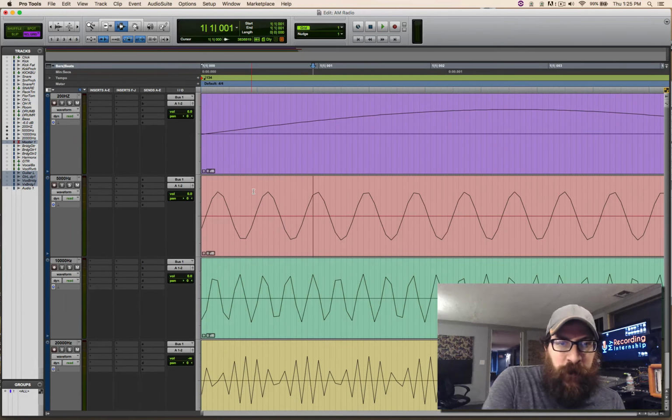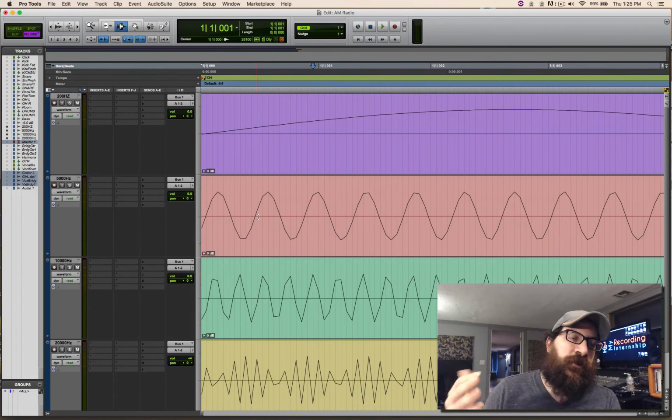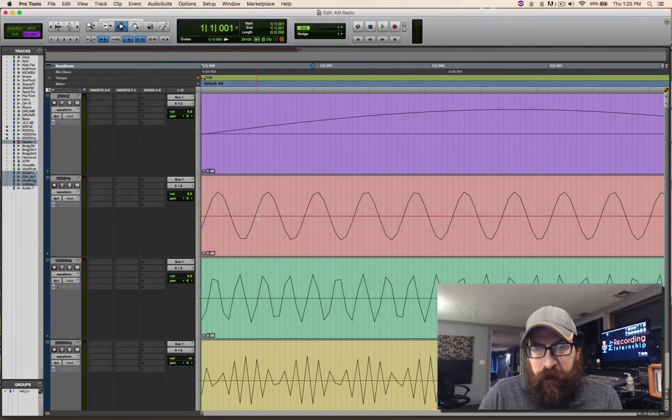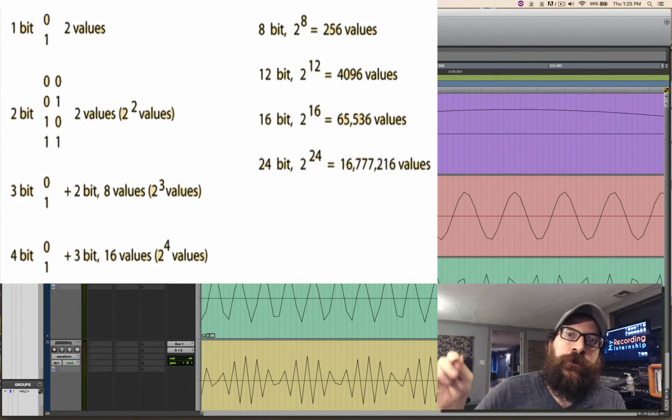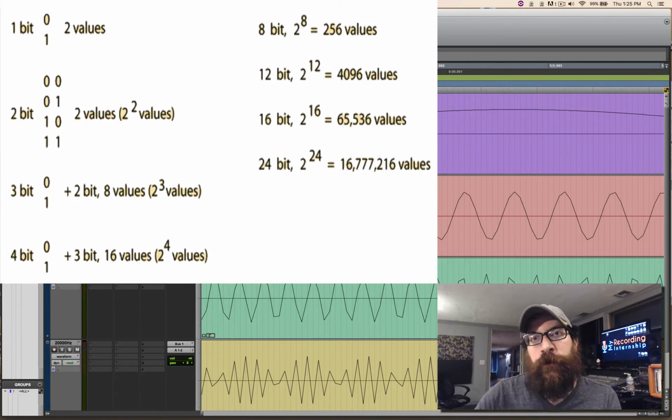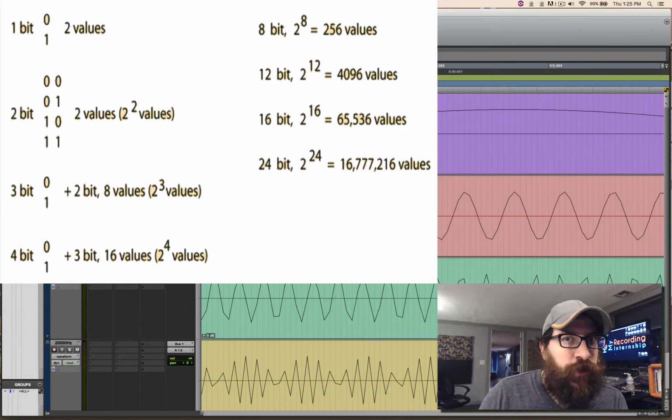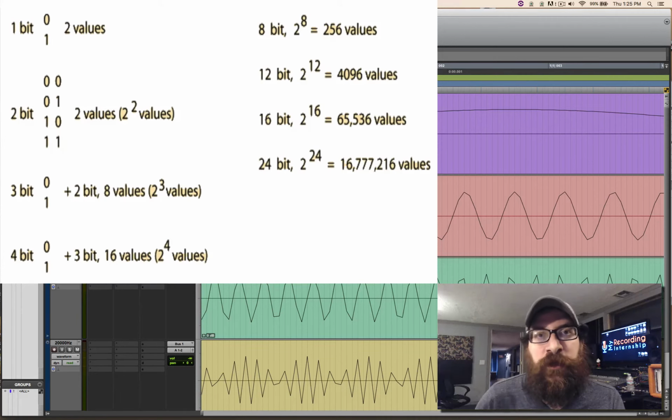Now, it's really simple when we talk about bit depth. All you have to do is take the number 2 and raise it to the power of the bit depth. So 2 to the power of 4, or 2 to the power of 2, or 2 to the power of 8, or usually what we have is 2 to the power of 16 or 2 to the power of 24.